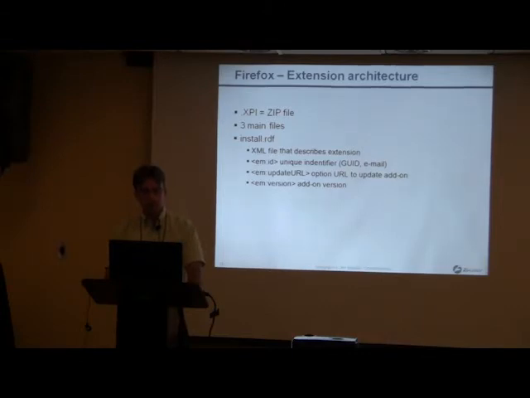One of the important pieces of information is the ID. Each browser extension has to have a unique ID that's provided by the extension creator. Usually it's a GUID or an email. Then the update URL, where Firefox goes to check if there is a new version available for this add-on, and the current version of the add-on.